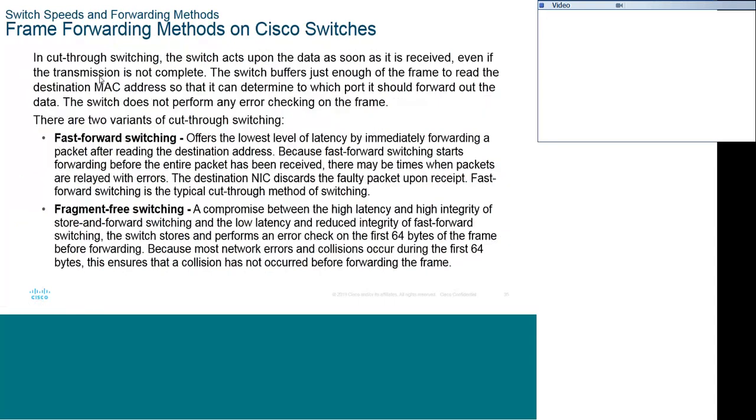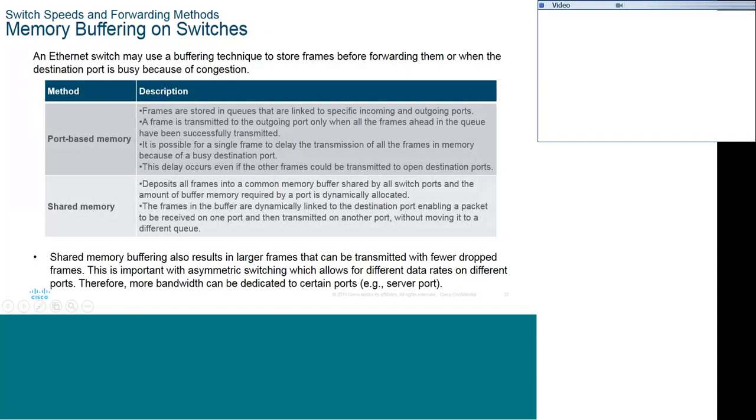With port-based memory buffering, frames are stored in queues that are linked to specific incoming and outgoing ports. With shared memory buffering, all frames are stored in a common memory buffer shared by all switch ports, and the amount of buffer memory required by a port is dynamically allocated.